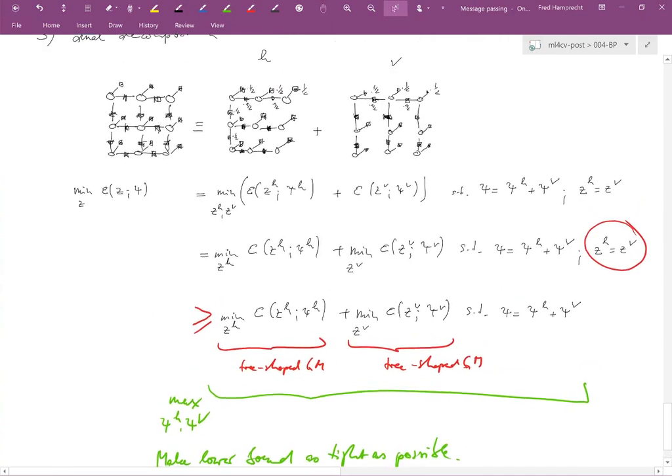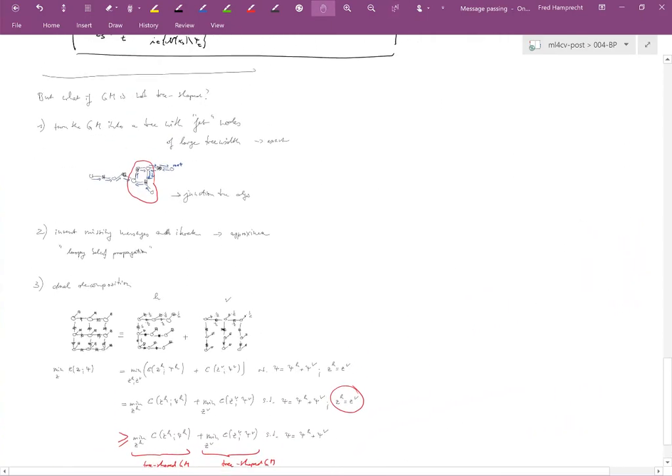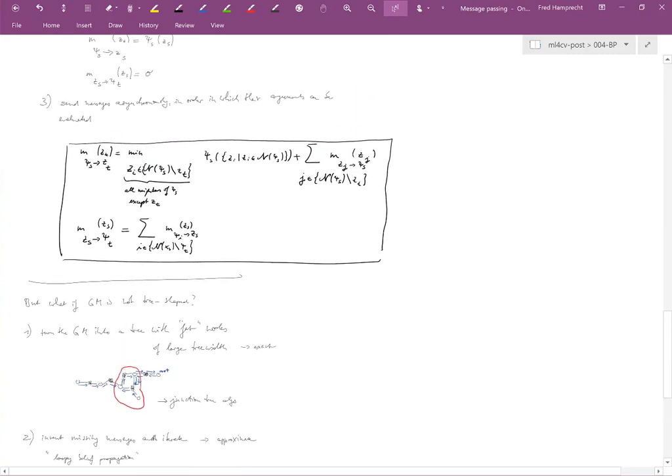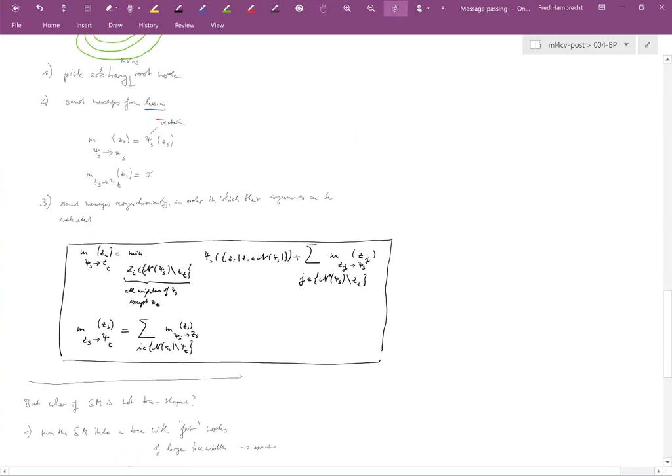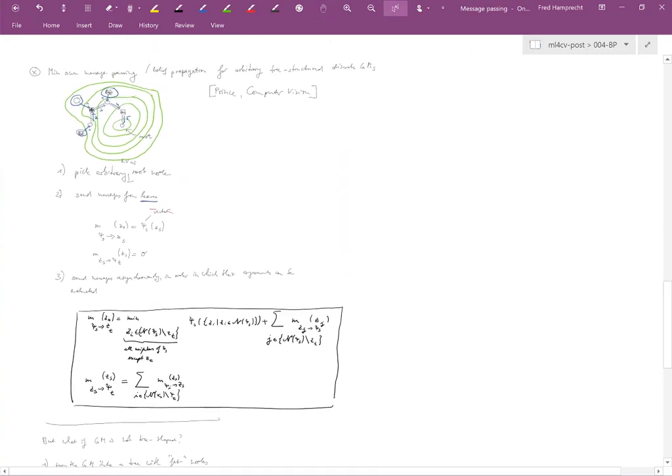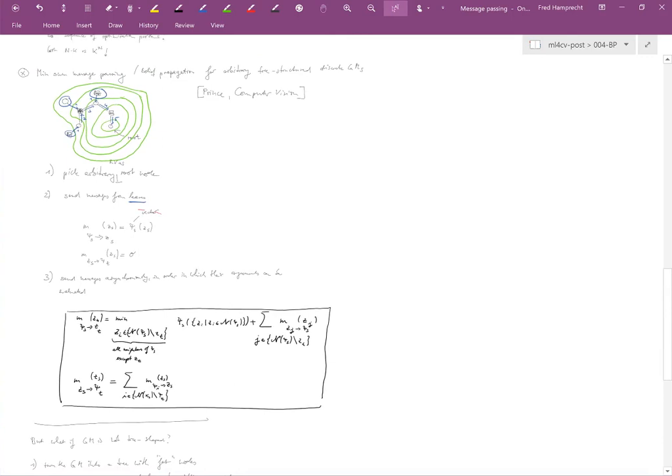Okay, 11 minutes overtime. I give you the one-sentence summary of today. The one-sentence summary is that message passing or belief propagation gives you exact inference on arbitrary tree-shaped discrete probabilistic graphical models in linear time, in time that's linear in the model size.